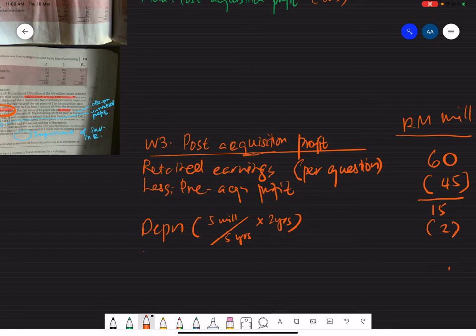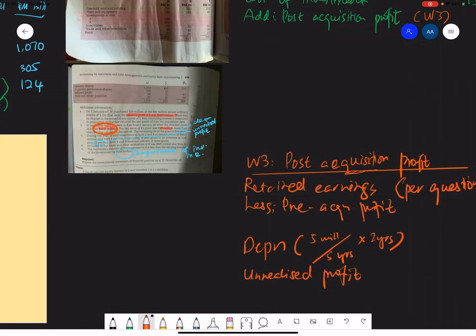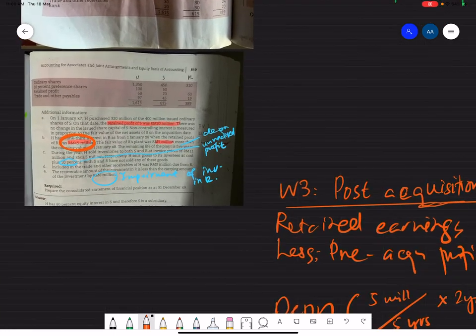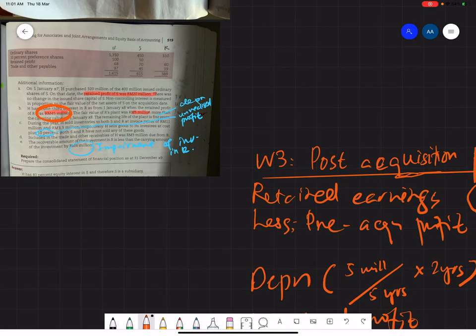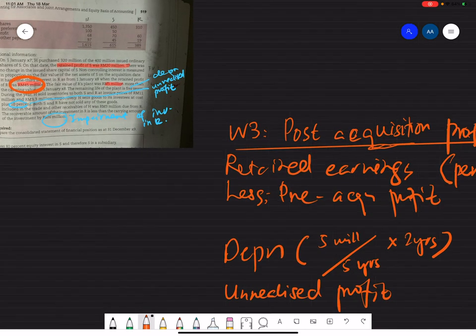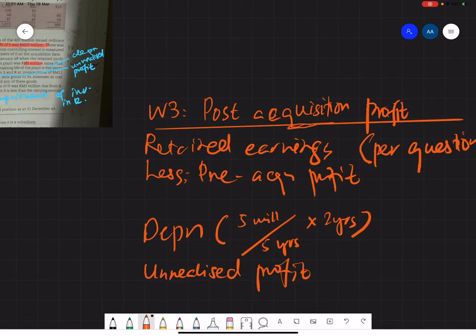Next, there is actually unrealized profit. If you notice here, H sold inventory to both S and R at invoice prices of 11 million and 3.3 million respectively. H sells goods to its investee at cost plus 10%. Both S and R have not sold any of these goods, so all 3.3 million is still in balance. However, the profit needs to be eliminated.